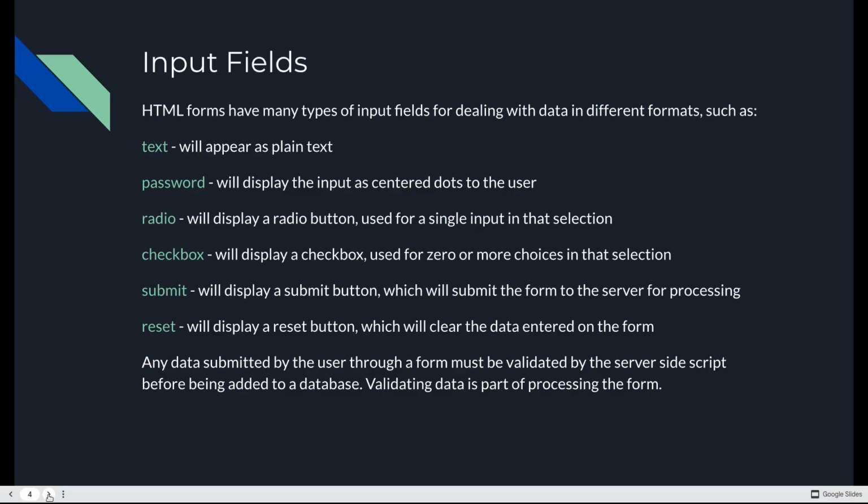Password fields, you'll get dots or obscured characters when you input your password. It's not encrypted, it's just hidden. Just want to point that out. A radio will display a radio button. Use this for when you want a single input selection. That's a little filled in circle that you've seen. That's what it's called, it's a radio button.